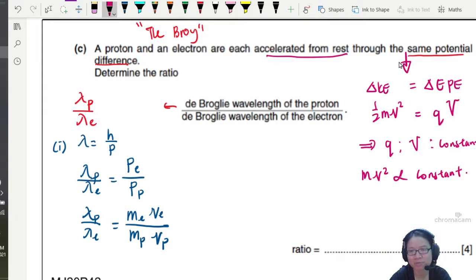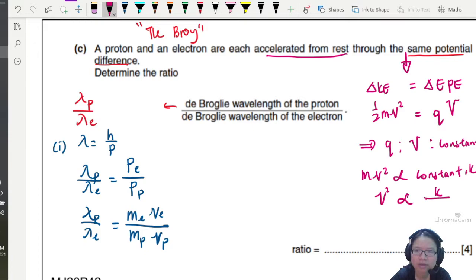If mv square is proportional to constant, and I want to find VE over VP, I can rewrite my ratio. If you are struggling a bit with this because you're not familiar, that's also okay. Bring this around, so v square is proportional to constant over m. Let's say the constant is K, doesn't matter.